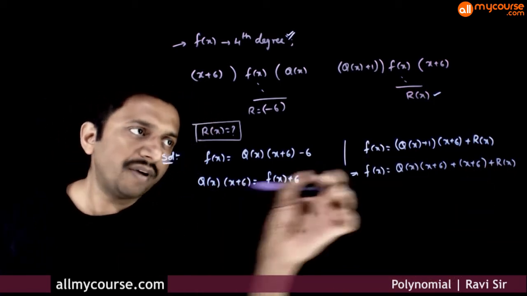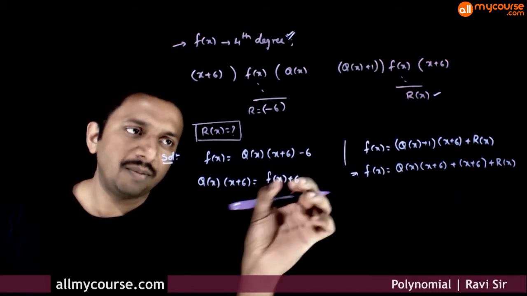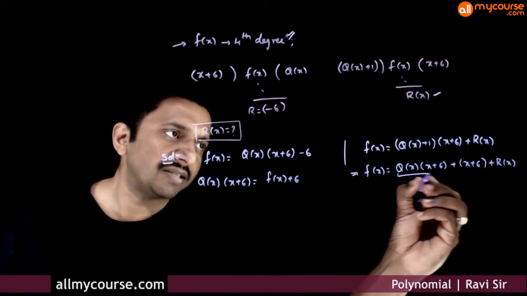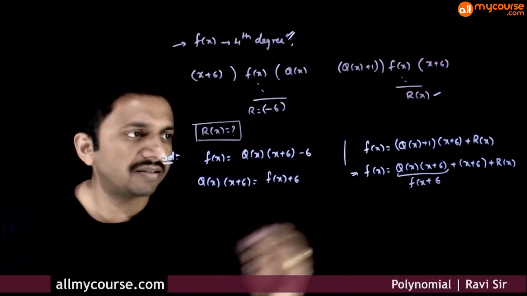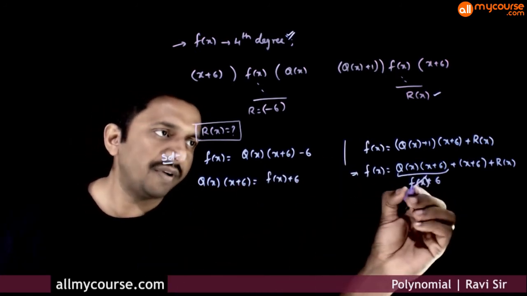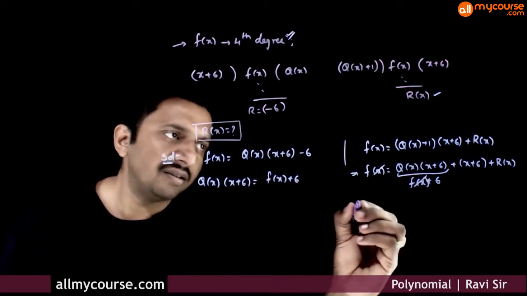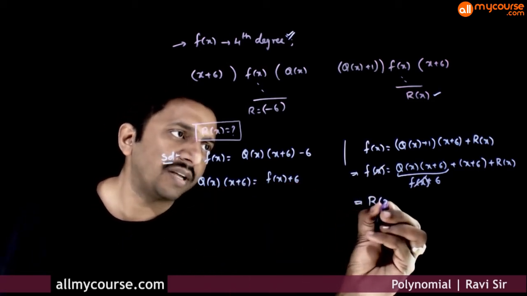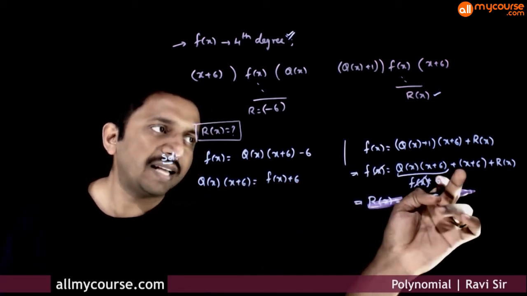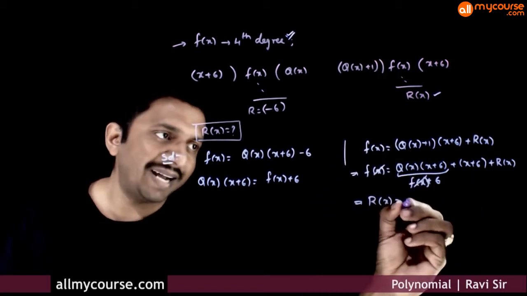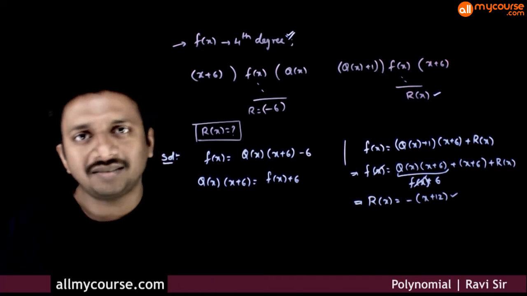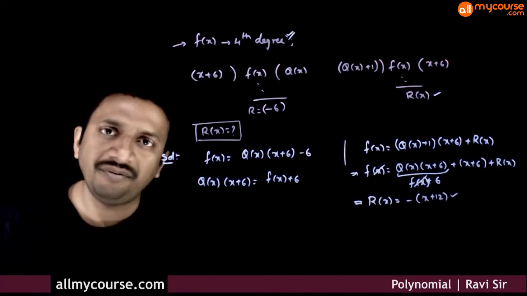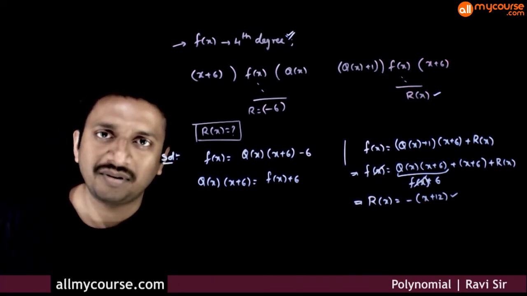Now q of x into x plus 6 is nothing but f of x plus 6. So let us substitute that. So f of x plus 6. Now this f of x and this f of x get cancelled. This implies r of x is equal to minus of x plus 12. So that's the required remainder, minus of x plus 12.